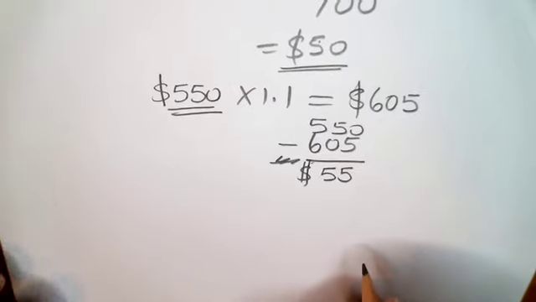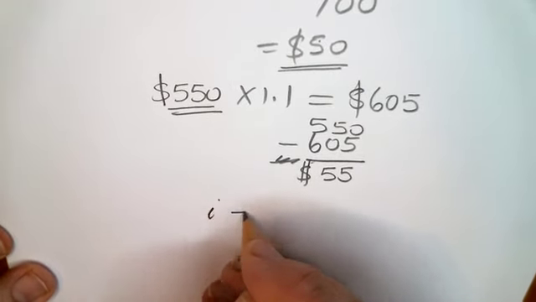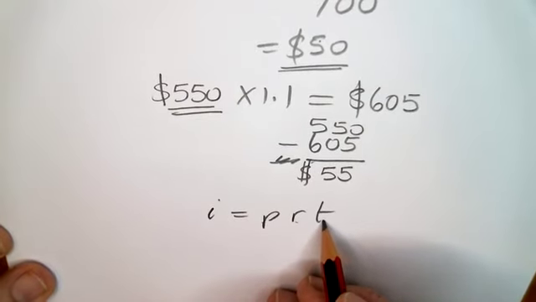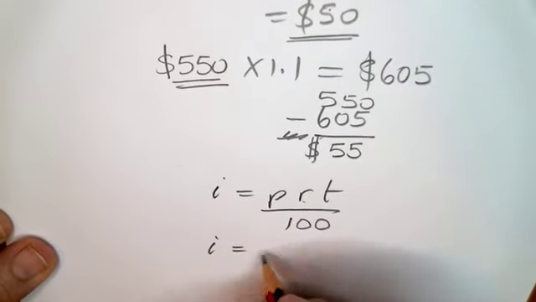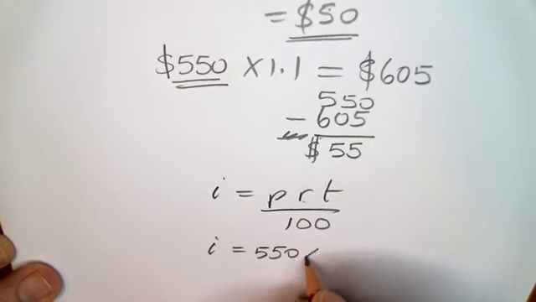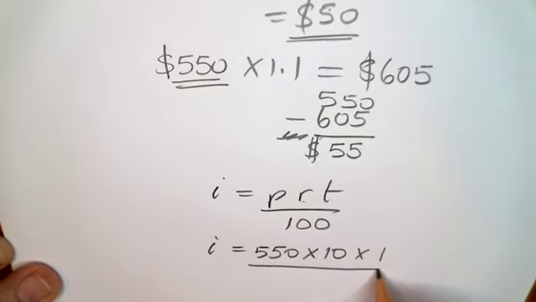Another way, of course, of doing that is to say, well, we've got interest is equal to PRT. That's principal times rate times time, divided by 100. Now the interest is equal to the principal. Well, the principal is 550. That's what we started with. Times the rate, which was 10%, times the time, which was 1 year, because we're just doing a year, divided by 100.